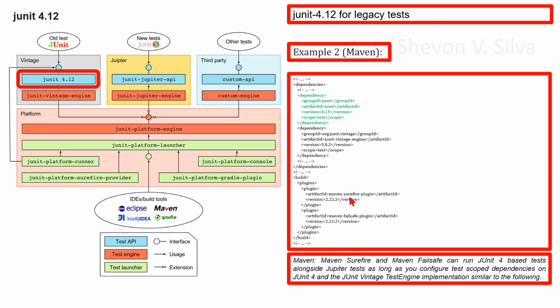Maven Surefire and Maven Failsafe can run JUnit 4 based tests alongside Jupiter tests as long as you configure test scope dependencies on JUnit 4 and the JUnit Vintage test engine implementation similar to the following here. And you can see here JUnit 4 and the scope test.